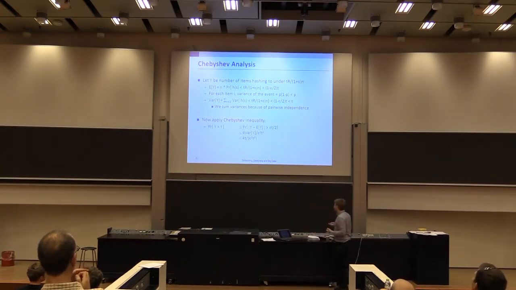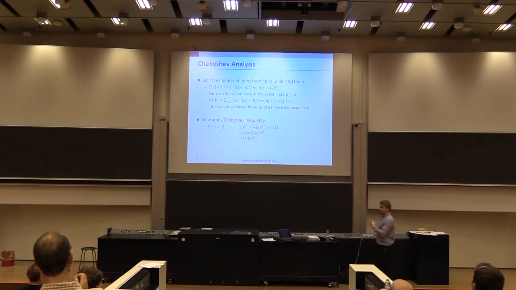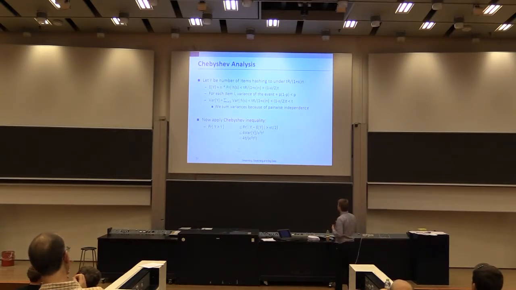And now we plug in the Chebyshev inequality. We say, what's the probability that we have more than t elements hashing into this range? It's the probability that y minus its expectation is more than some small fraction epsilon times t. What's the probability that we get slightly more, epsilon t more things than we expect?